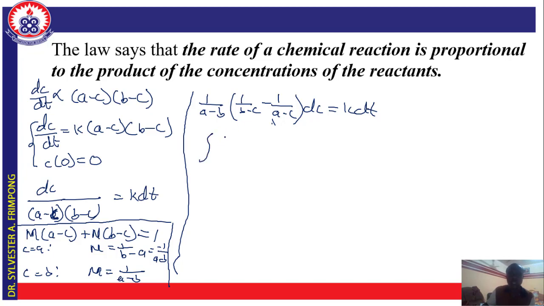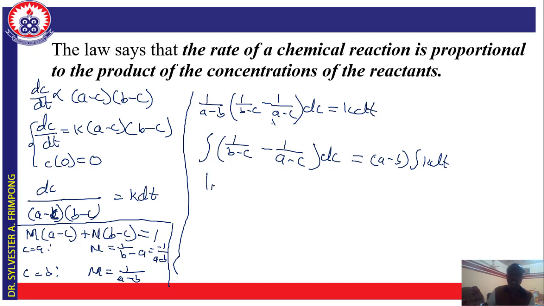So we're going to have the integral of 1 over B minus C minus 1 over A minus C dC equal to A minus B, the integral of K dt.